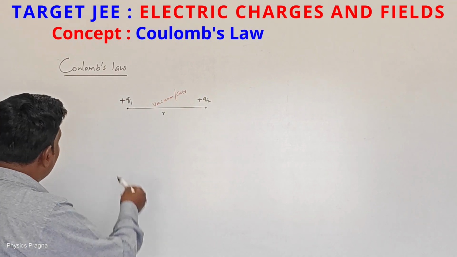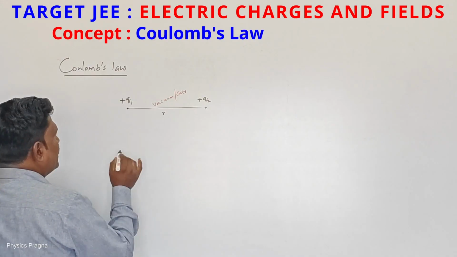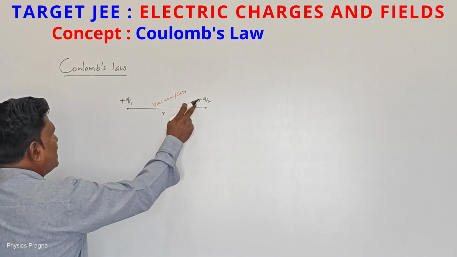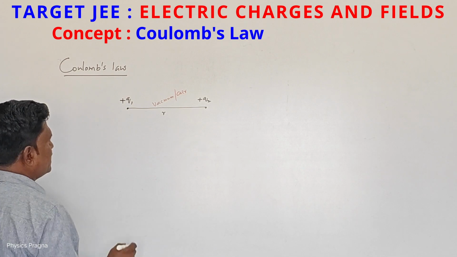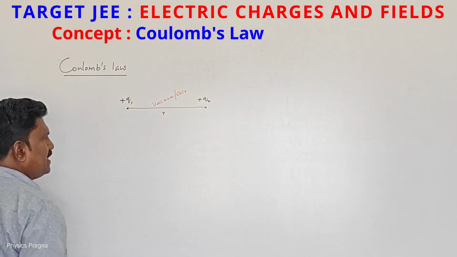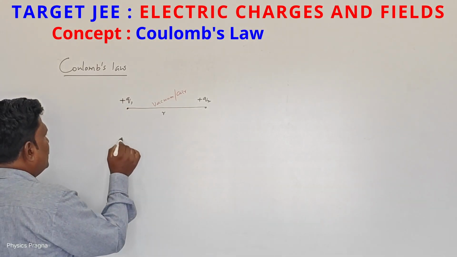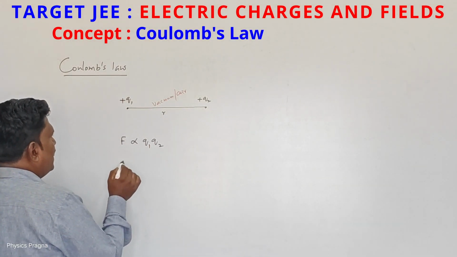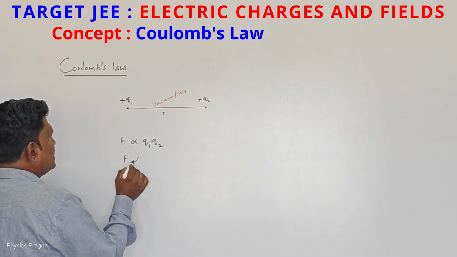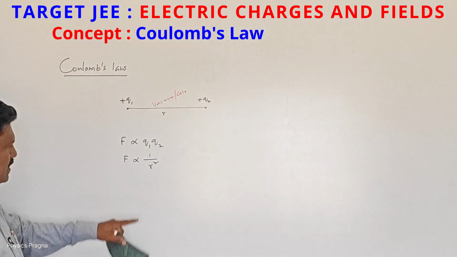In that case, according to Coulomb's law, the force of repulsion or attraction: like charges repel each other, unlike charges attract each other. That electrostatic force F is proportional to Q1 Q2, and inversely proportional to the square of the distance between them.